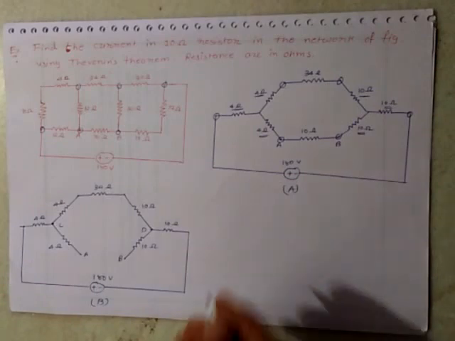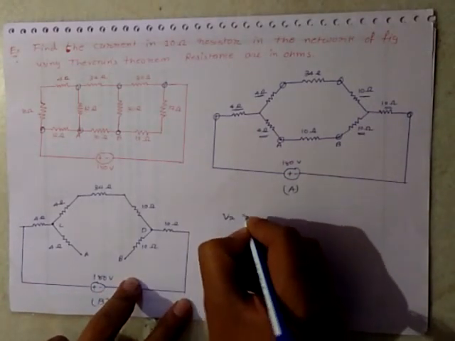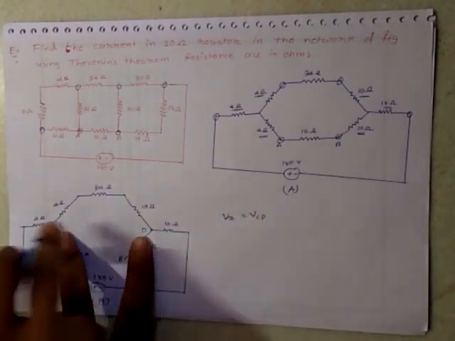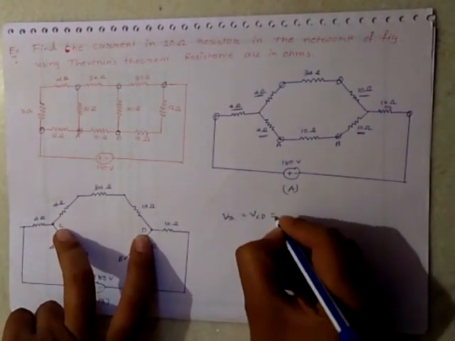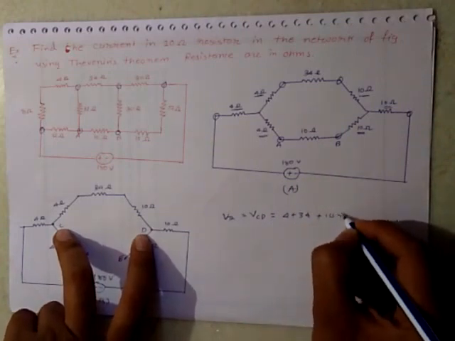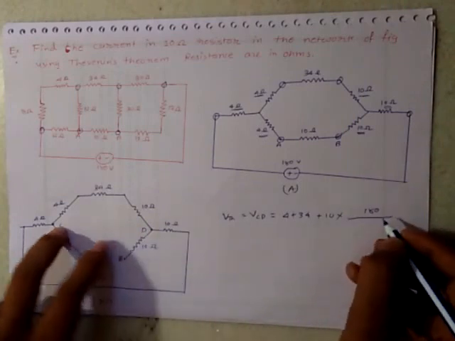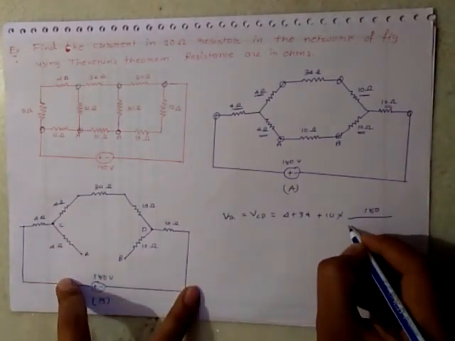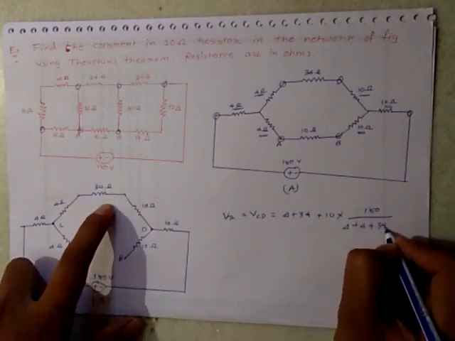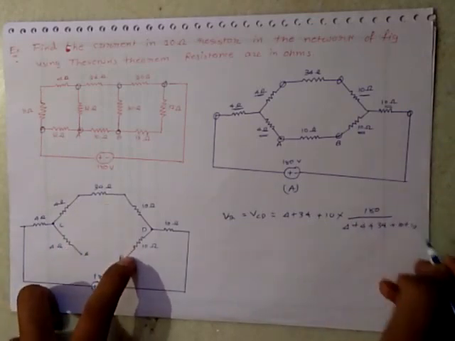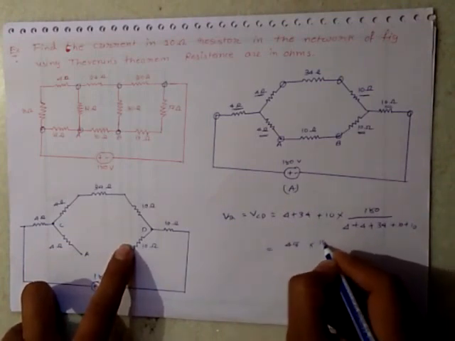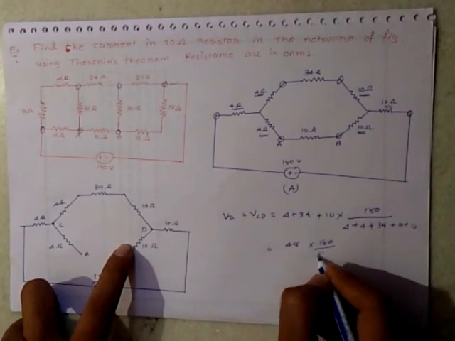Now we will find the Thevenin equivalent voltage, which will be equal to VCD, that is, the voltage across terminals C and D. That will be equal to 4 plus 34 plus 10 multiplied by 180, that is the potential difference, divided by the total resistance 4 plus 4 plus 34 plus 10 plus 10. That will be equal to 48 total, multiplied by 180 divided by 62.